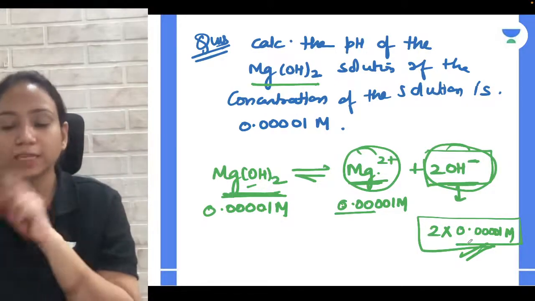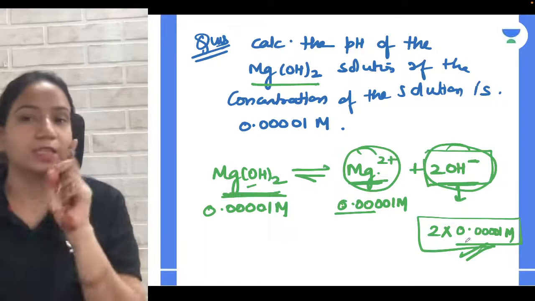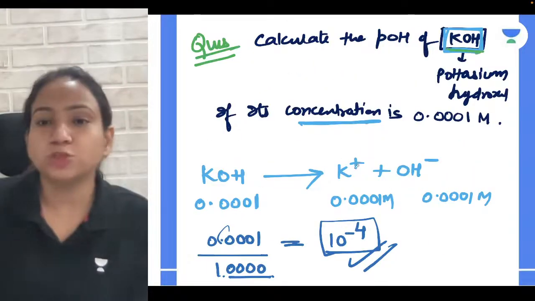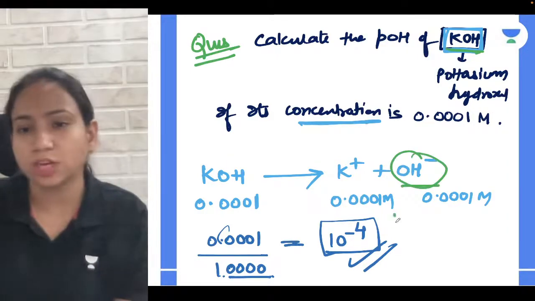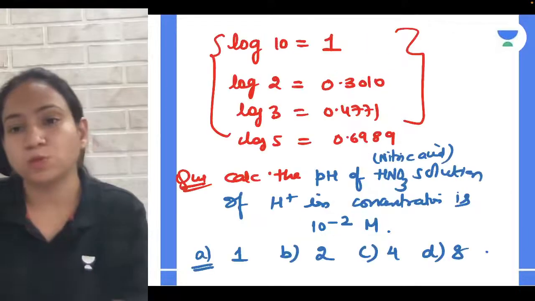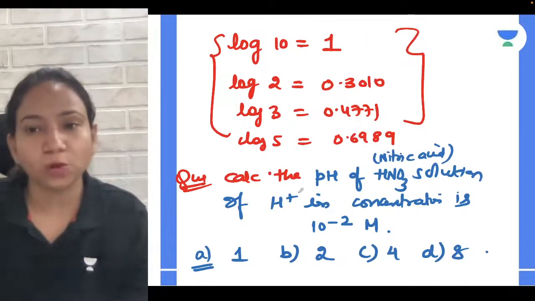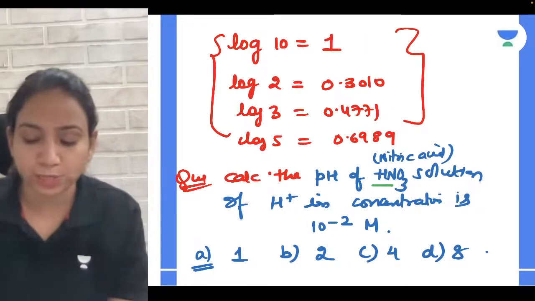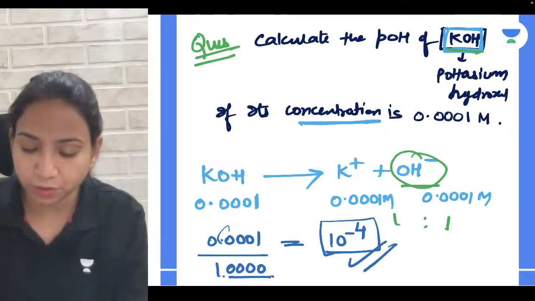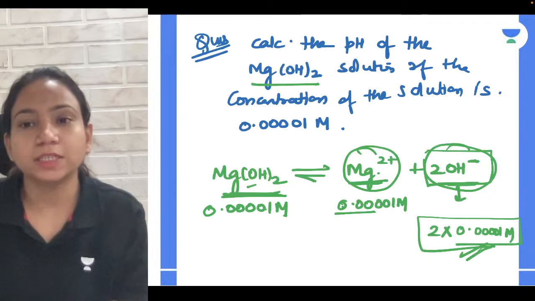Correct? For hydroxide ion, it has to be twice. In the previous questions, KOH used to give 1 OH minus ion only, so the concentration was 1:1. Even for the HCl we discussed, it used to give 1 H plus ion, so 1:1, and HNO3 also gives 1 H plus ion. But what you can relate over here? Very good, we'll discuss.